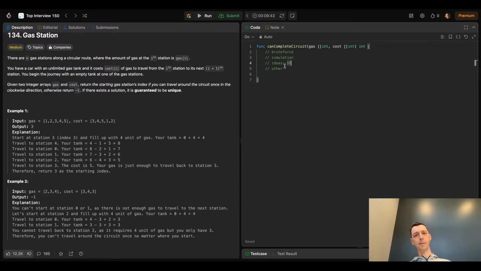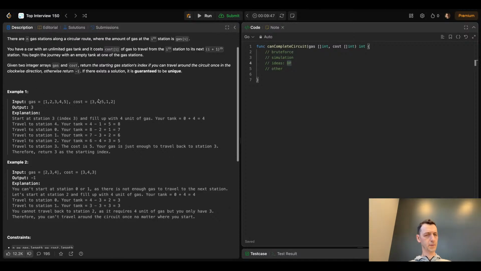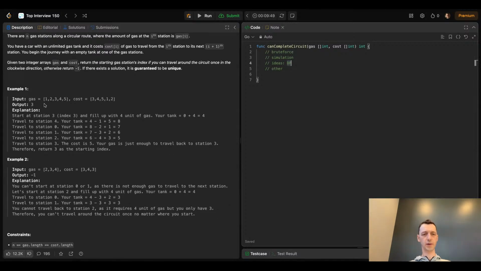But okay, let's start with brute force. If we just simulate, like do the circles, it's pretty intuitive.